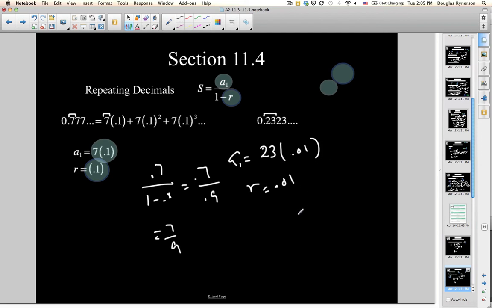Right? When I go through that, I'll get 0.23 over 1 minus 0.01. That becomes 0.23 over 99. So this is 23/99. Okay, so this is just taking a repeating decimal and turning it into a fraction.